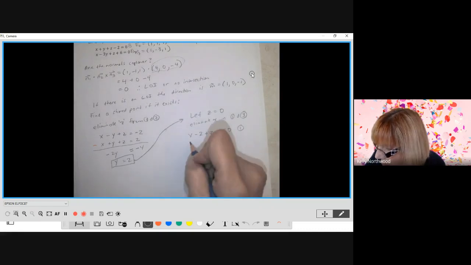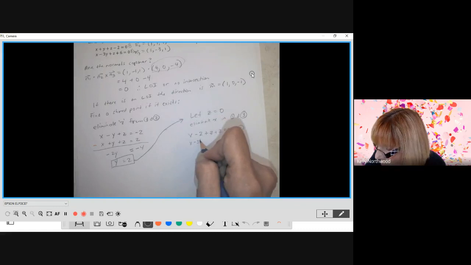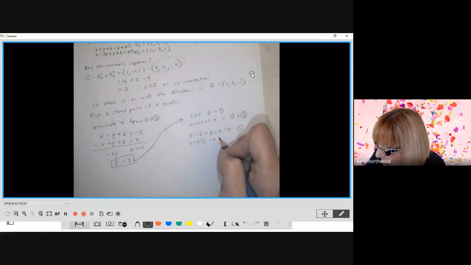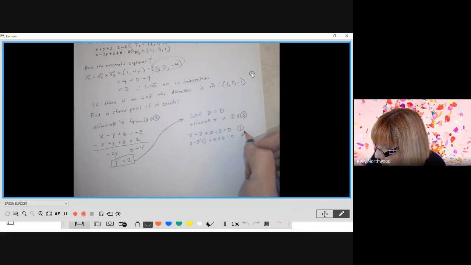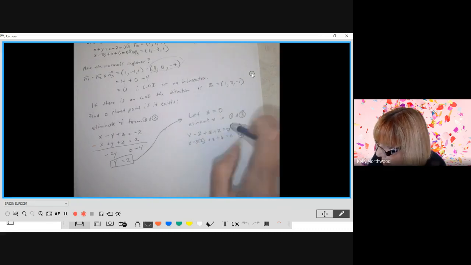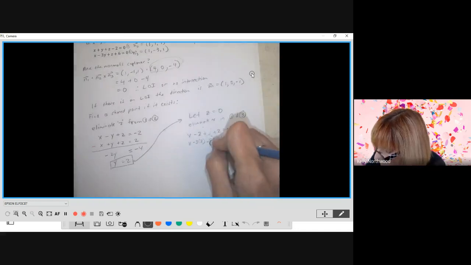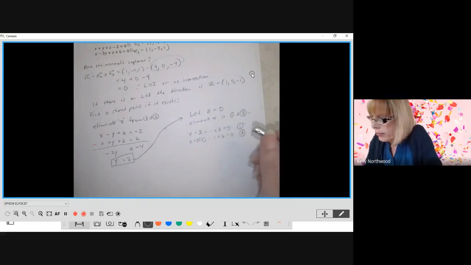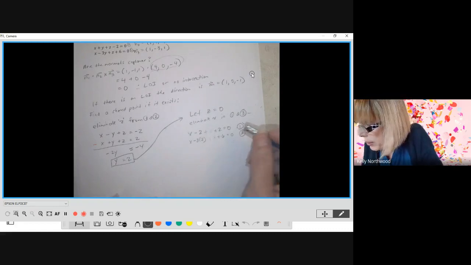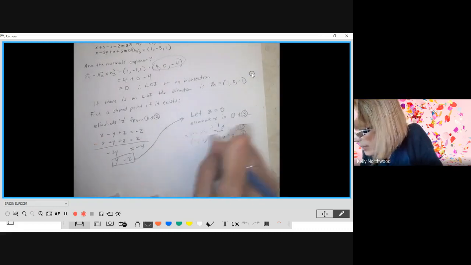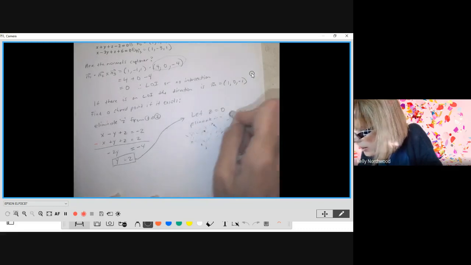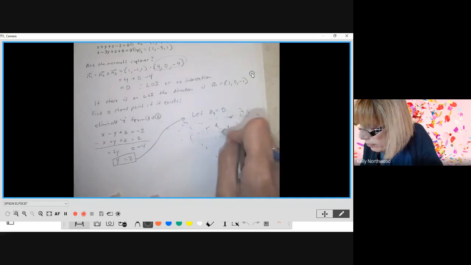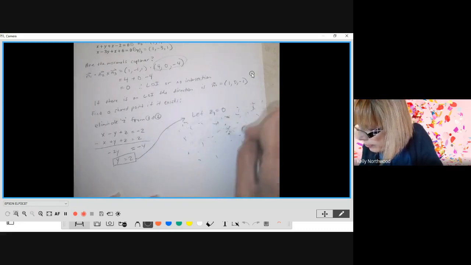And equation 3 is x minus 3y, but that's 3 times 2, plus z plus 6 equals 0. Oh, wait a sec, we let z equal 0. My bad. I was eliminating z. We don't need to. If we let z equal 0, we can just solve for x. Sorry, guys.